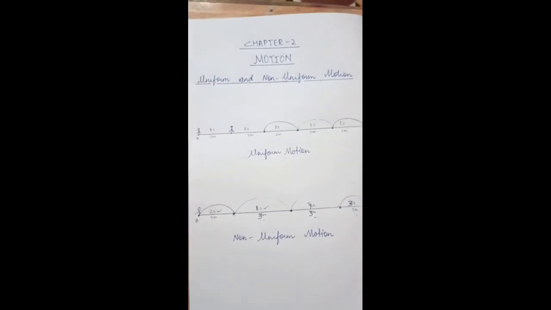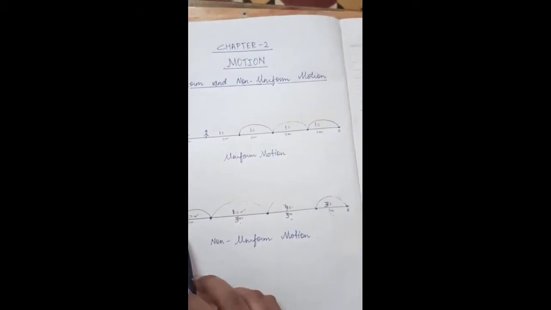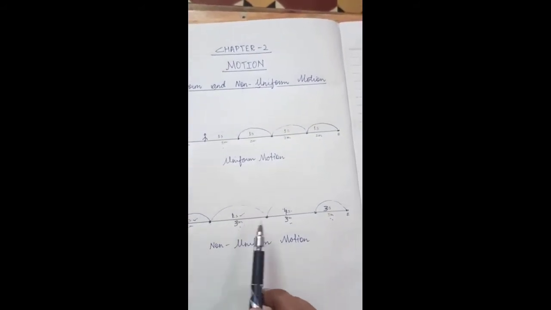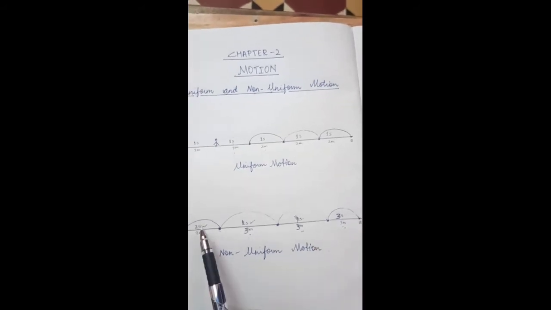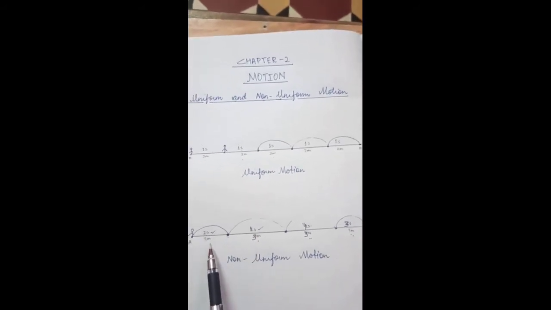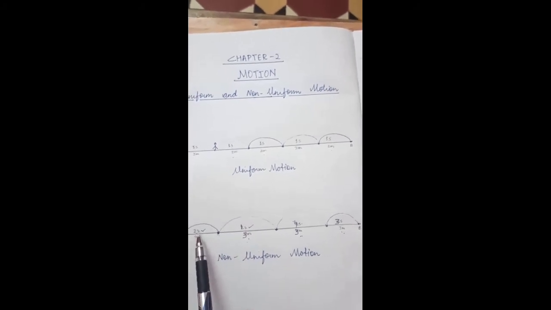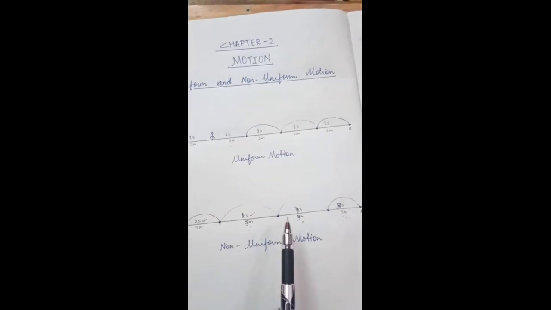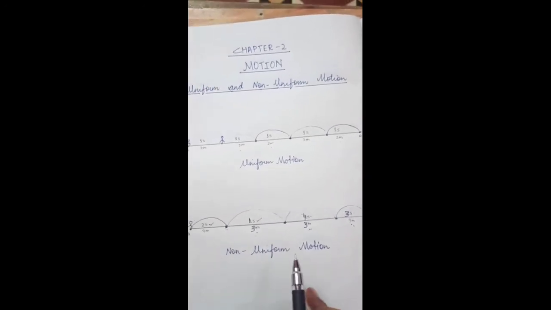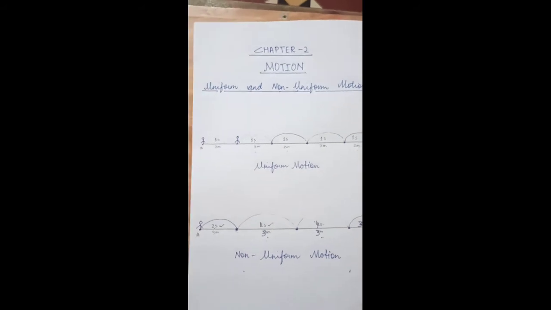If I say this, then you can observe here that the distance covered is the same, that is 3, 3, 3 and 3. But the time taken to cover that same distance is different. So here the time interval is different to cover the same distance. So this motion is also a non-uniform motion.